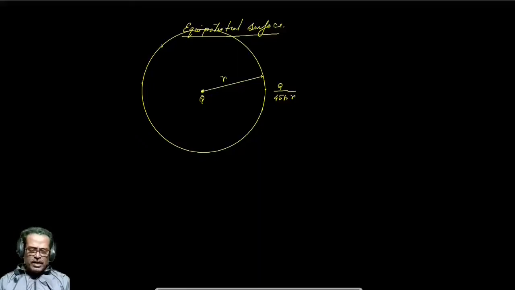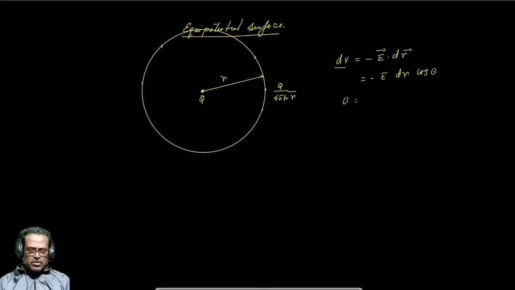Now we know that dV is equal to minus E dot dr. So dV is a scalar quantity, and this dot product is equal to minus E dr cos theta. We know that the value of E is non-zero, as there is a charge at the center, and r is also non-zero. The potential difference between two points on this sphere is 0.